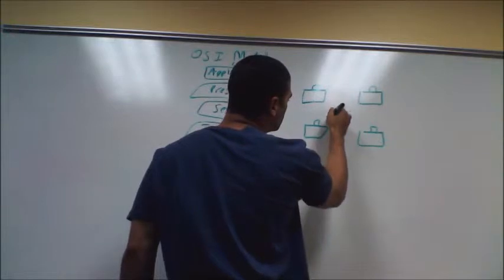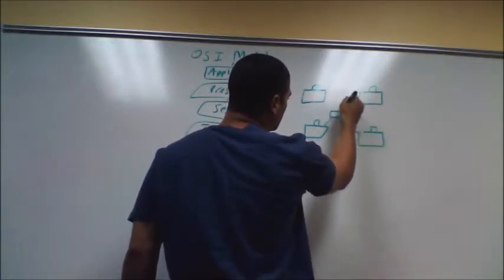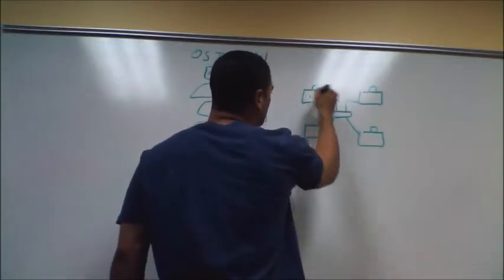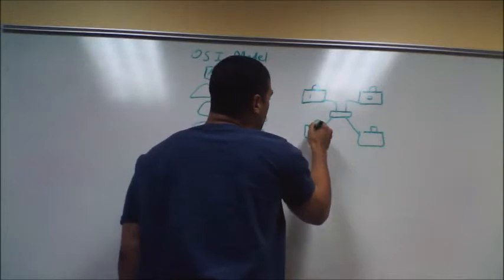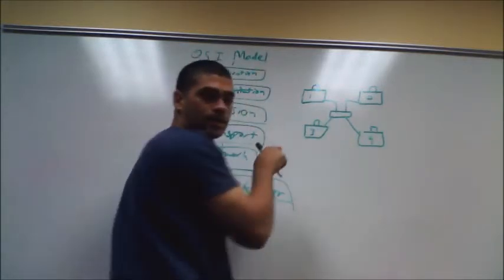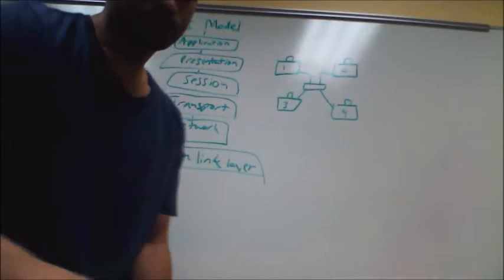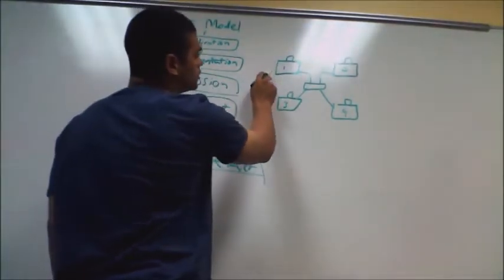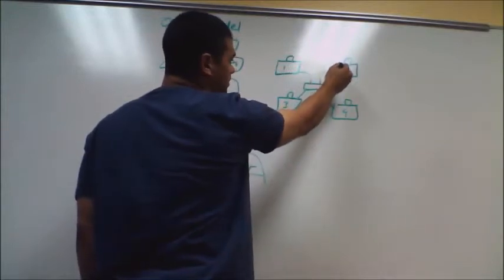Now, these computers go into a central hub that they are all connected to, and computer 1 wants to communicate with computer 2, but computer 3 wants to communicate with computer 4. And computer 1 is trying to send information to the switches so that it can send the information to computer 2.